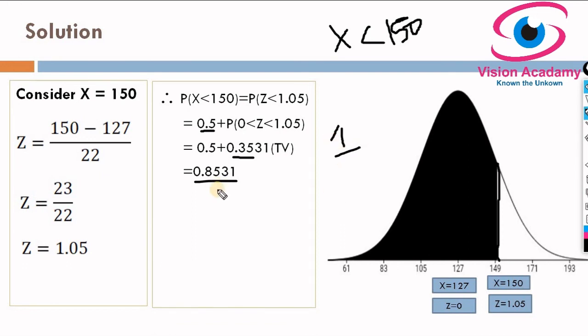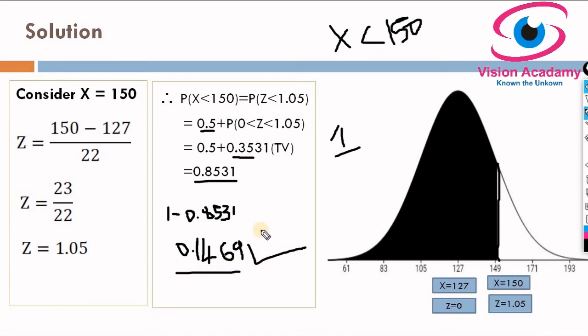So when we express this in terms of proportion, we have to subtract the obtained answer from 1. Then we will get the rejection area, that means the rejectable semiconductors. When we subtract the obtained answer from 1, we get 0.1469, which is the not acceptable semiconductor, which means 0.1469 proportion of the semiconductors we are going to reject.